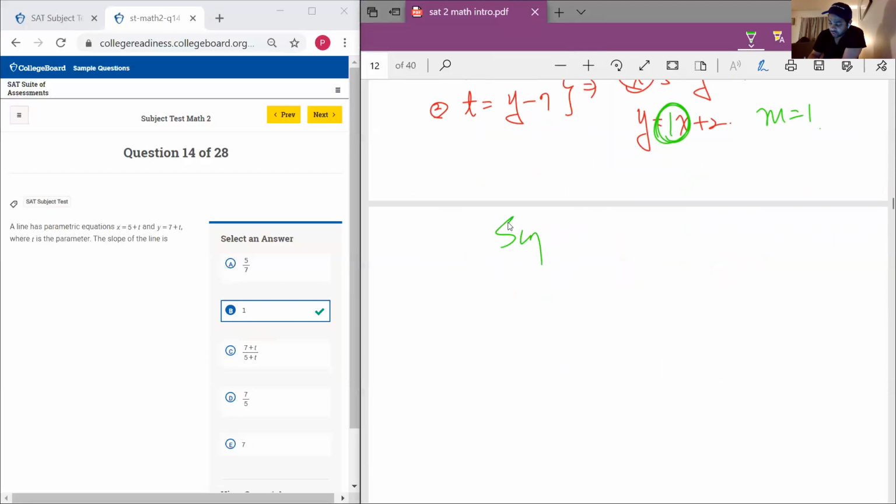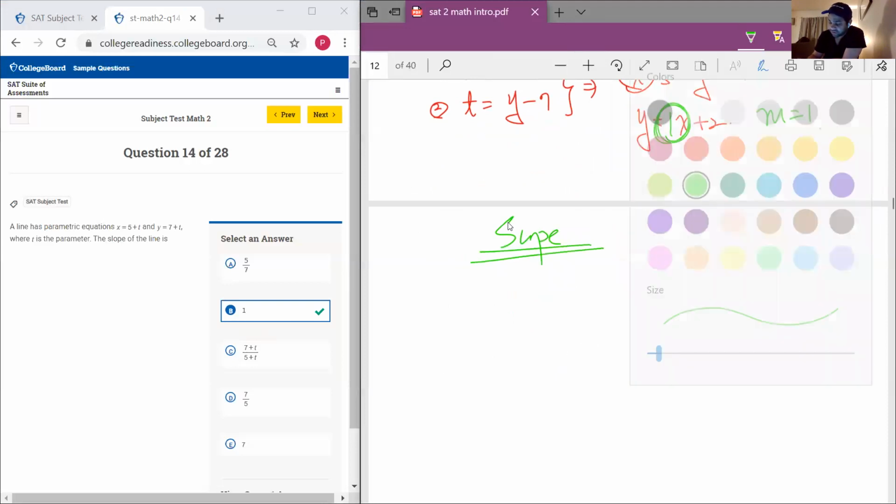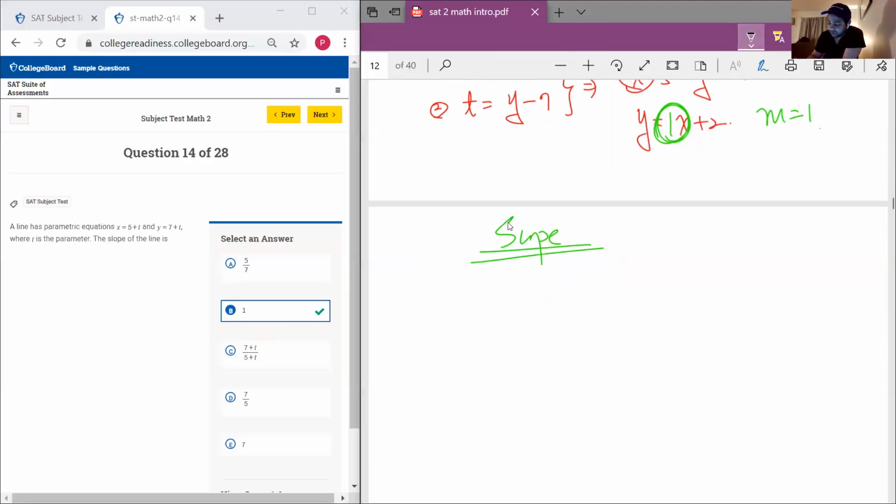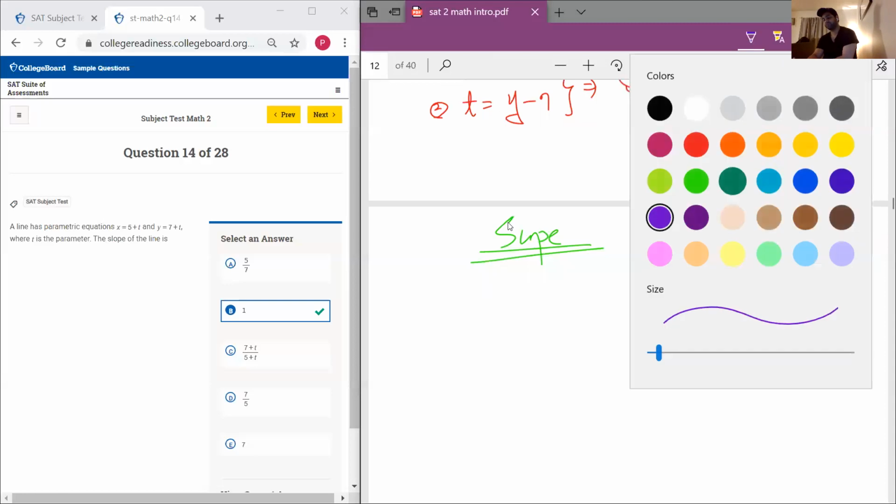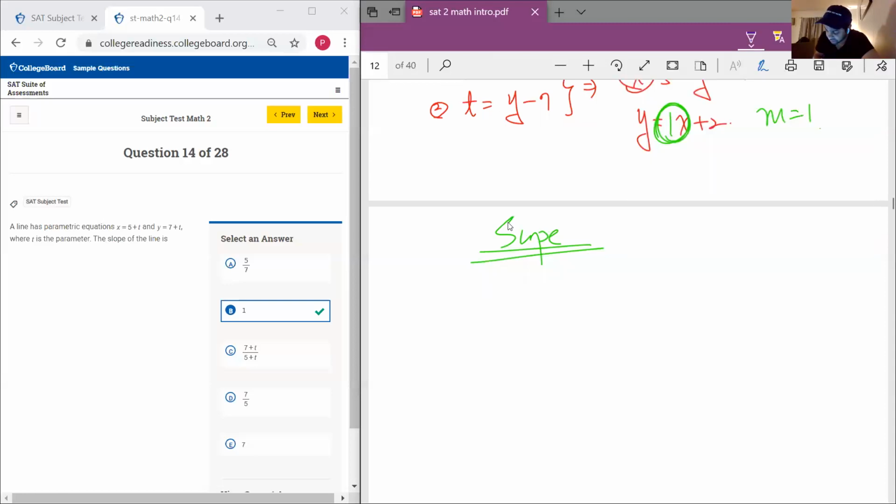The scope of parametric equations is this. I'll give you the entire scope of parametric equations. First one, you're going to be given x and y as a function of most commonly t. But it could be x and y as a function of w.